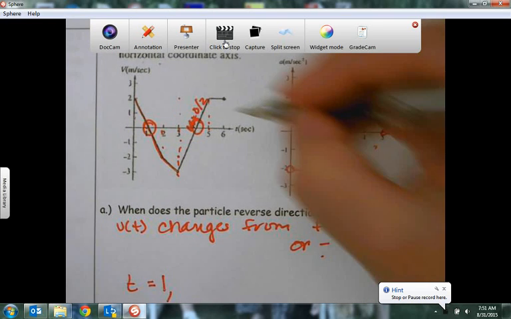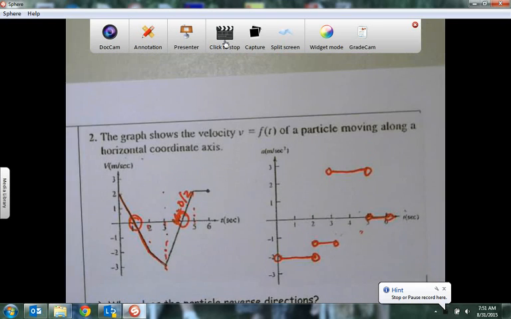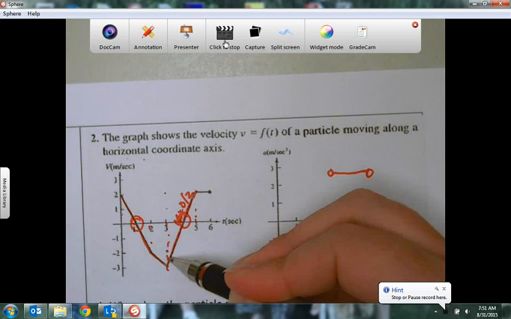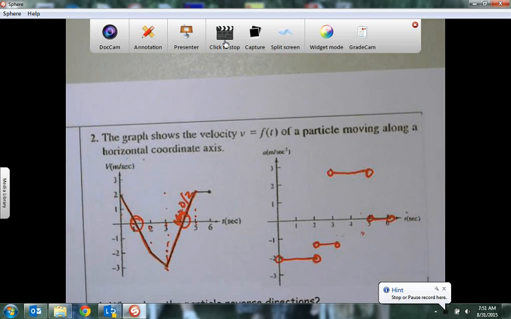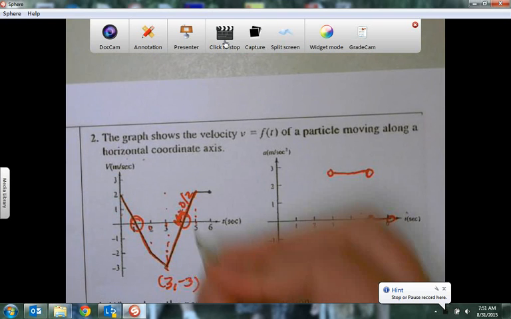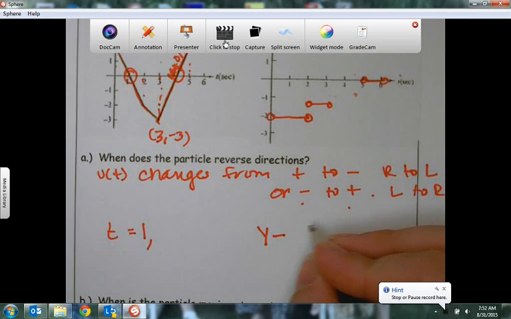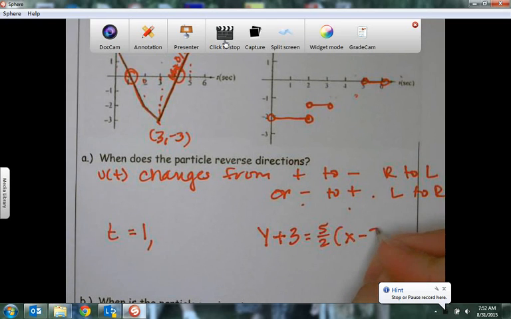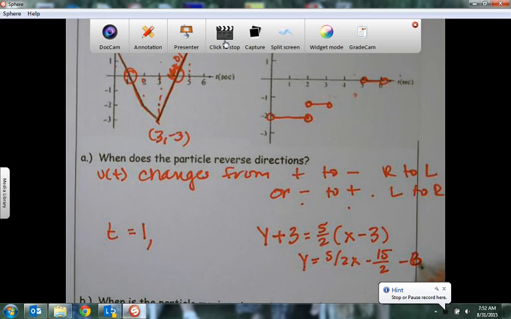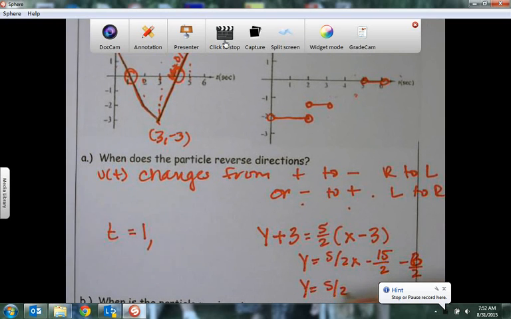okay, this one's going to require a little bit more work. We're going to have to find the equation of this line, guys. So let's see. I'm going to use point slope. y minus, so I'm going to use this point 3, negative 3, and my slope of 5 halves. y minus y1, so plus 3 equals our slope times x minus x1. So that would be 6 halves plus 5 halves x minus 21 halves.